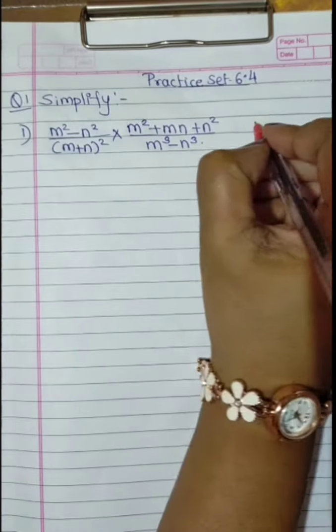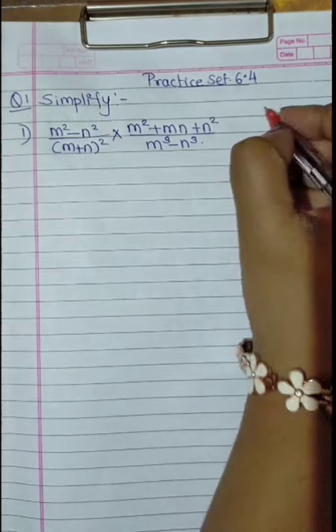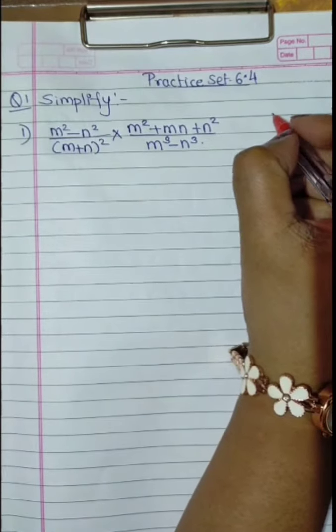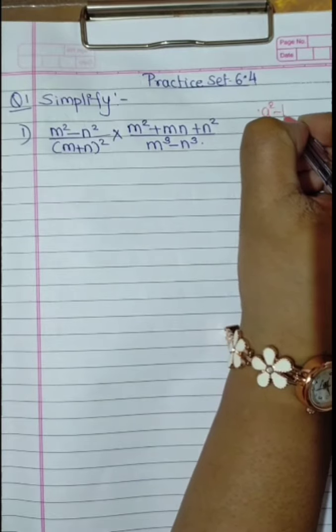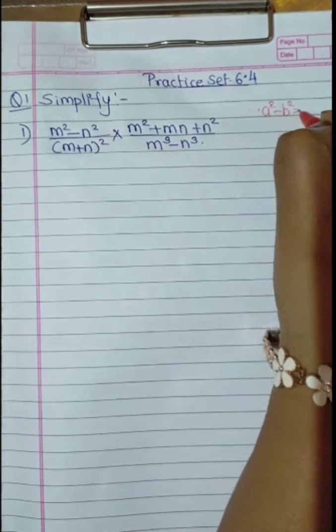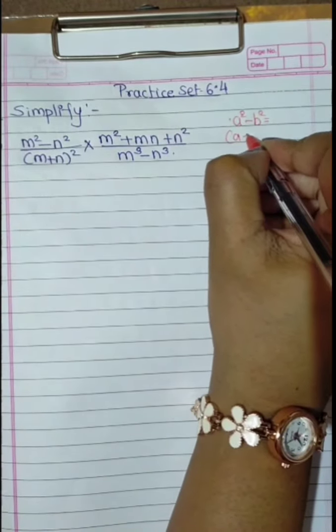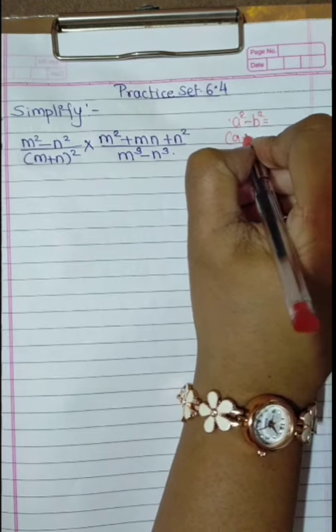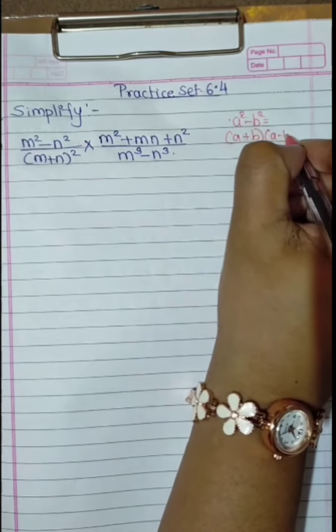So here, on the rough side, I am writing: a square minus b square is equal to a plus b and a minus b.